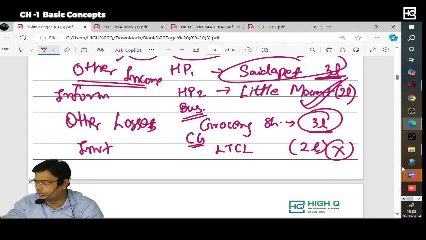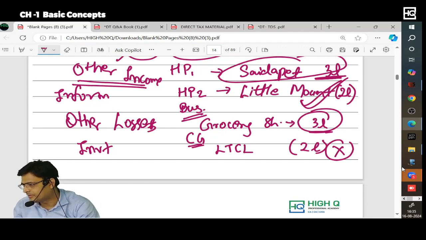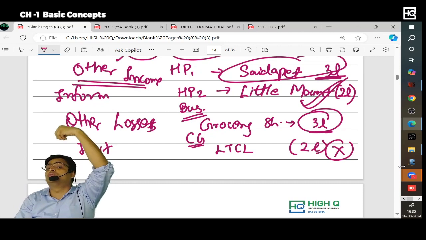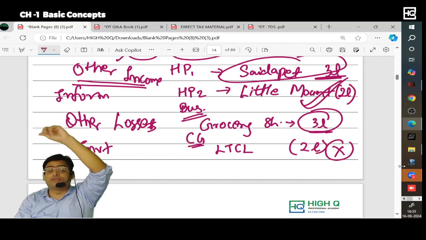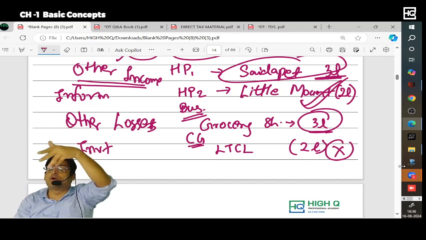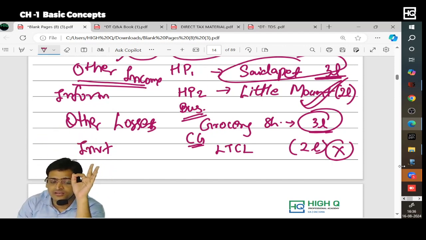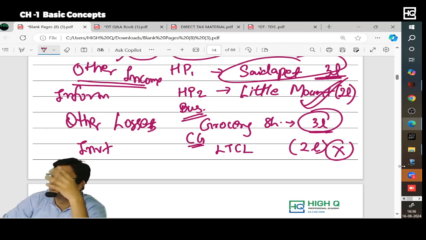And if I show fake losses of 2 lakhs, now income is only 1.5 lakhs, means the employer will not deduct tax at all. Tax information will not go to the government. Are you listening?